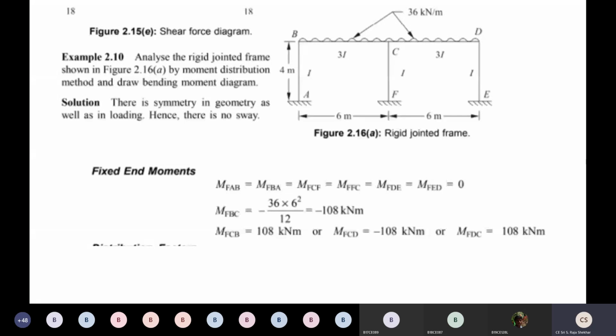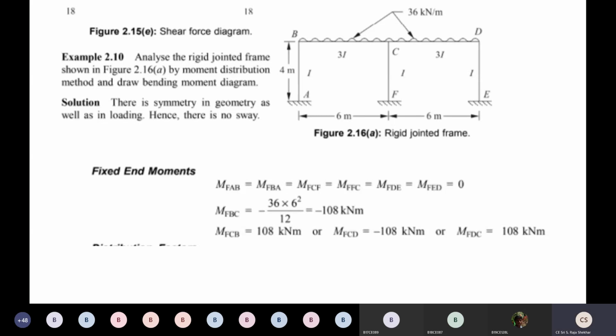So MFAB, MFBA, MFCF, MFFC, MFED, MFDE are all zero. Why? Because for the members AB, CF and DE, horizontal load is zero.